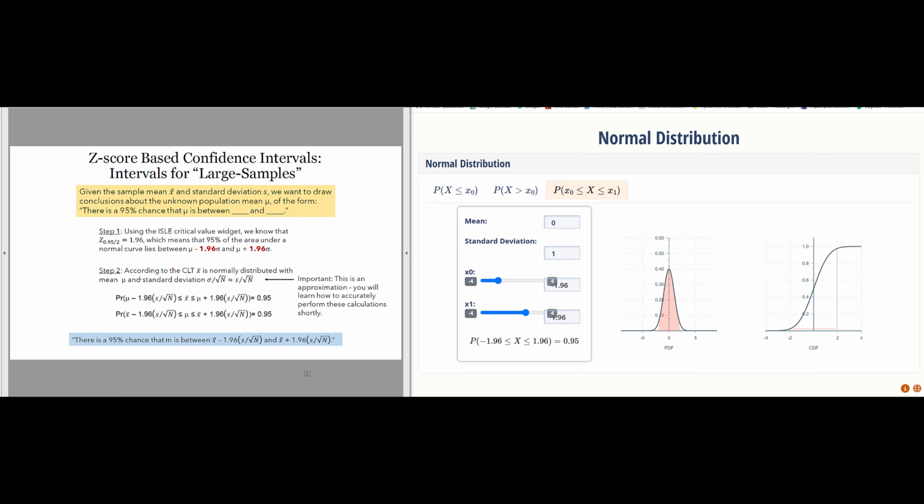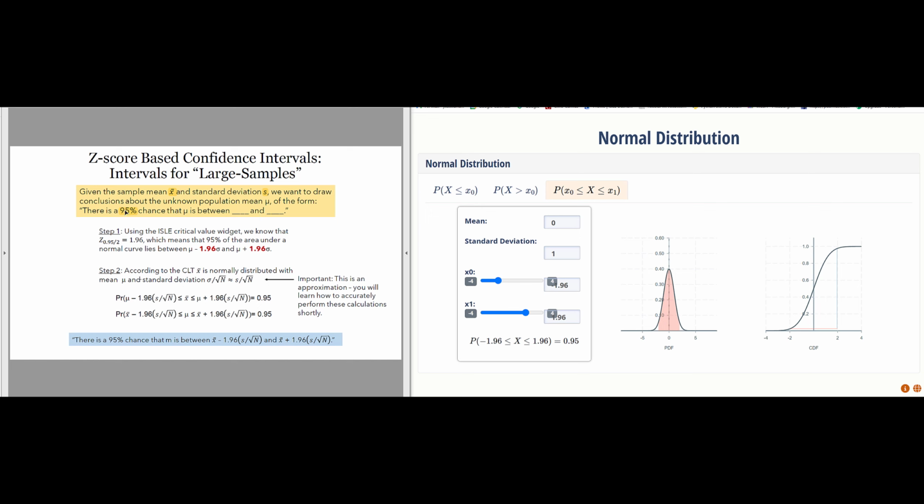Okay. So, we have our question again. Given that we have a sample with a mean of x bar, and that sample standard deviation is S, what can we say to a 95% level of confidence about the population mean being within some interval around that x bar?